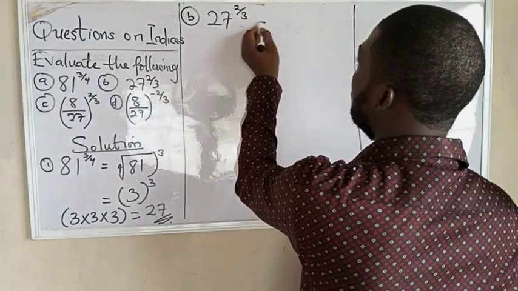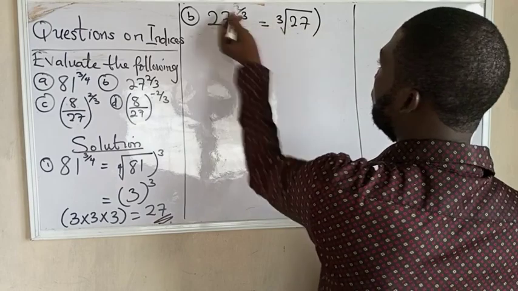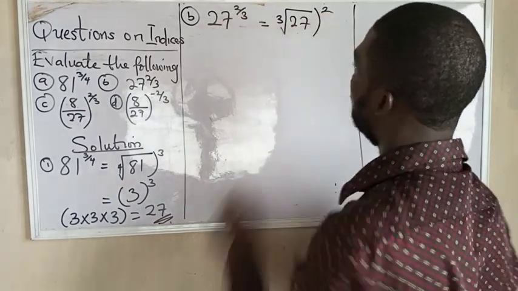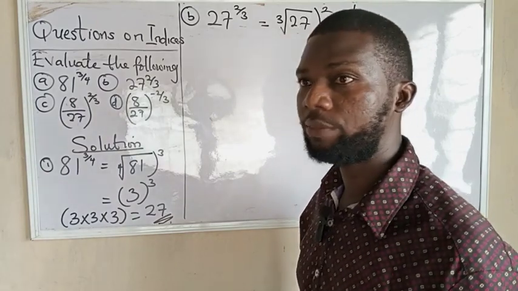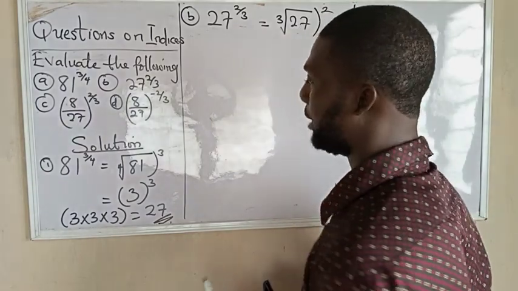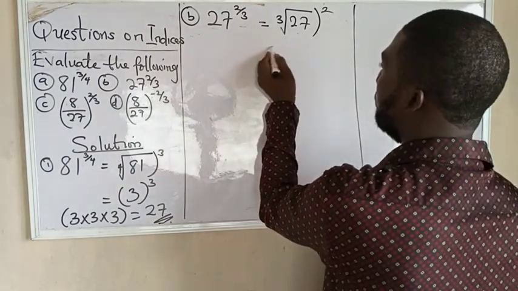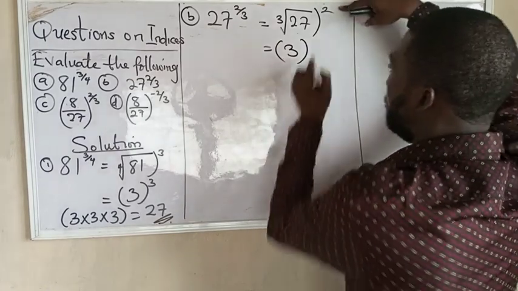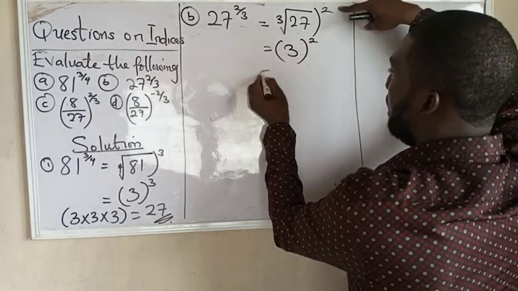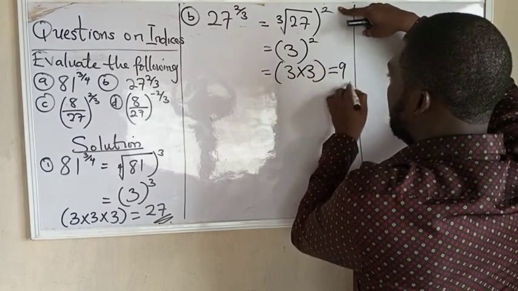So which means we have the cube root of 27 raised to the power 2. So what is the cube root of 27? A number that when you multiply 3 times, it gives us 27, and that number is what? It is 3. So I will write 3. And let's not forget that we have power 2 here. So I'll put raised to power 2. And when I analyze it, 3 times 3, and it gives me 9.